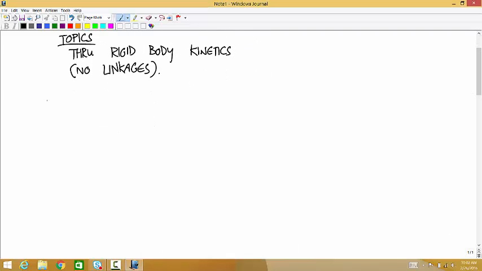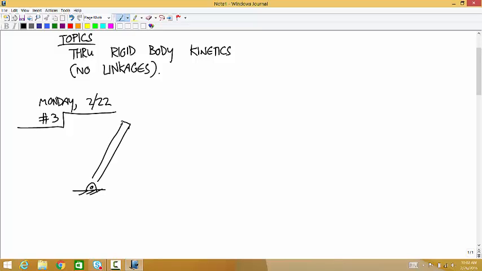Okay, so for number 3, Monday, 2/22, number 3. You have a rigid body that makes an angle of 50 degrees with the horizontal.